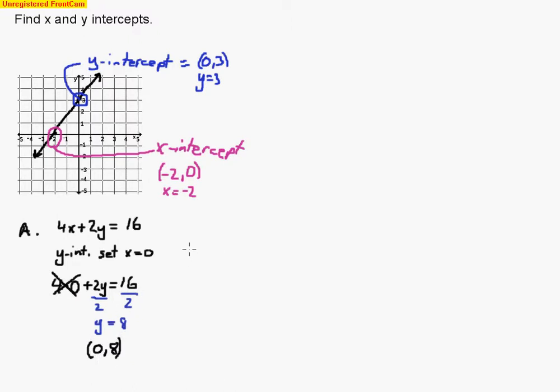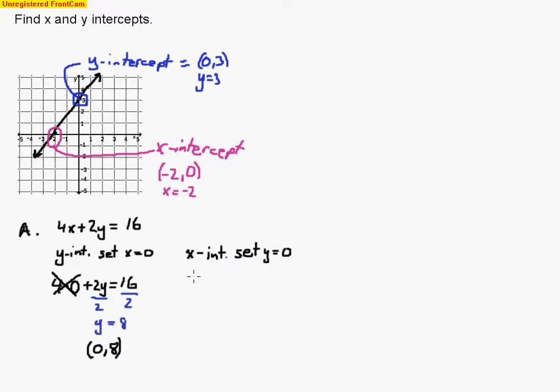Now let's say I want to find the x-intercept. The x-intercept is always when it crosses the x-axis. That means we do not go up, we do not go down. We stay right at 0 for y. So we are going to set y equal to 0.